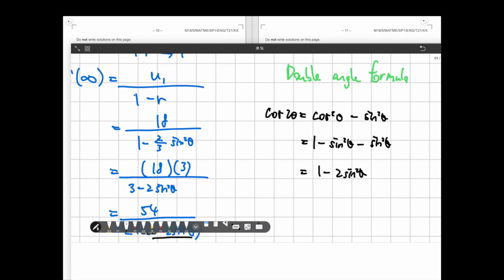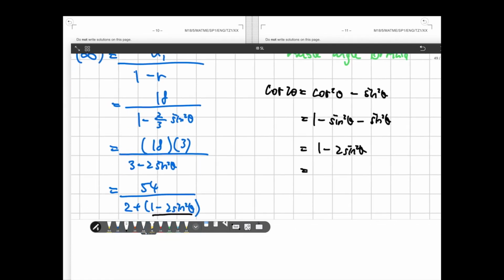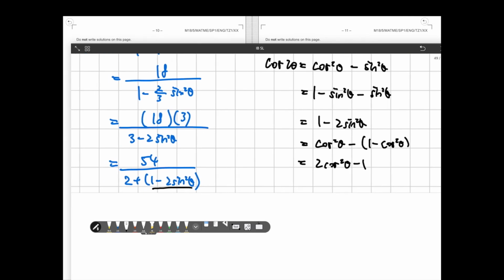So exactly this value. And it also means that it is equal to cosine square theta minus (1 minus cosine square theta), right? So it means that we have 2 cosine square theta minus 1. So for completeness, I also deal with this formula.